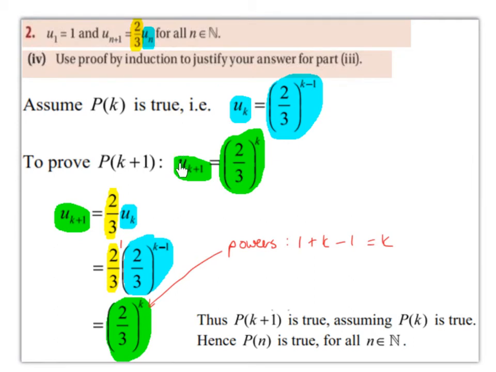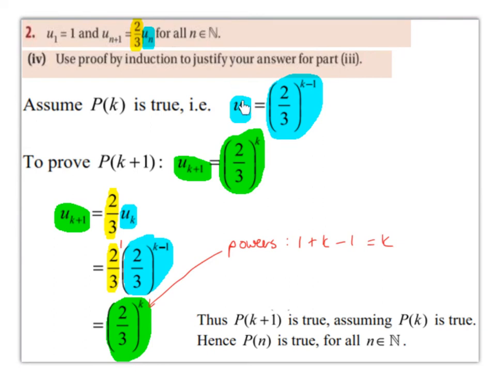So u(k+1) is equal to 2/3 times uk. So that was given in the question. It was written as u(n+1), but now we have u(k+1), and it was written as 2/3 times un, but we have it as 2/3 times uk. Now we know that uk is equal to 2/3 to the power of k minus 1.